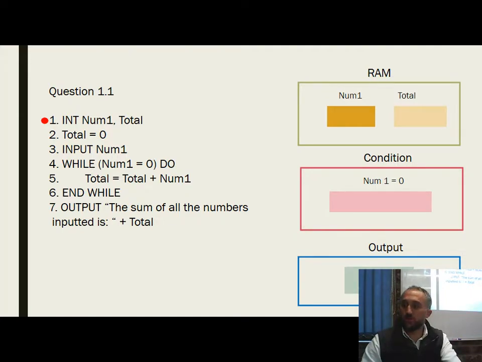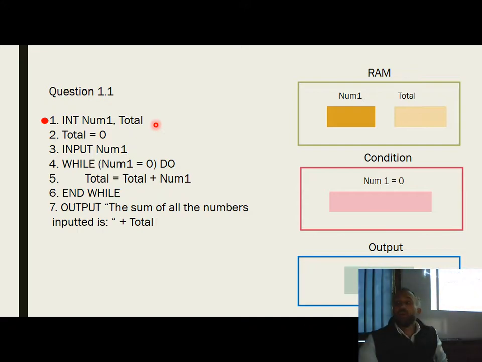So if we look at the first one that I've given you guys now, I'm going to go through this in quite extensive detail. This first line is int num1, total.